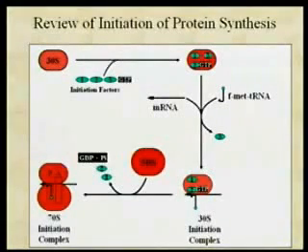Then the 50S subunit is added to produce the 70S initiation complex. That's an energy-dependent process, and the GTP is hydrolyzed to GDP, and the initiation factors are released. We end up with a 70S initiation complex, with the initiator formyl methionine tRNA situated in the P site of the ribosome.